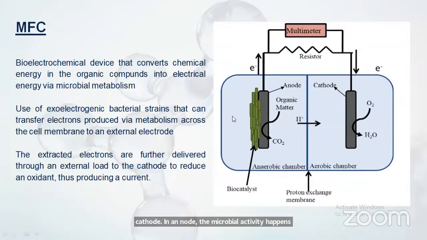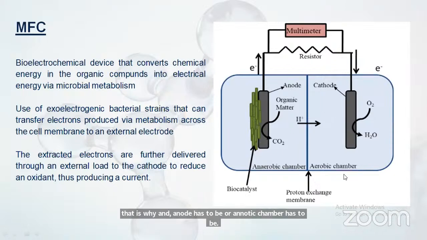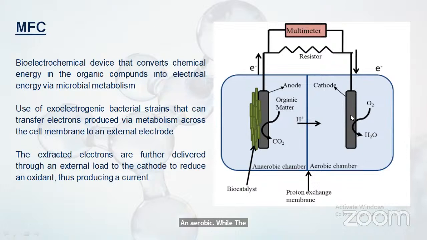All these exoelectrogenic microbes are present in the anode, and the extracellular electrons are produced only under anaerobic metabolism. That is why the anodic chamber has to be anaerobic, while the cathodic chamber has to be aerobic, because oxygen acts as a good electron capturing species.